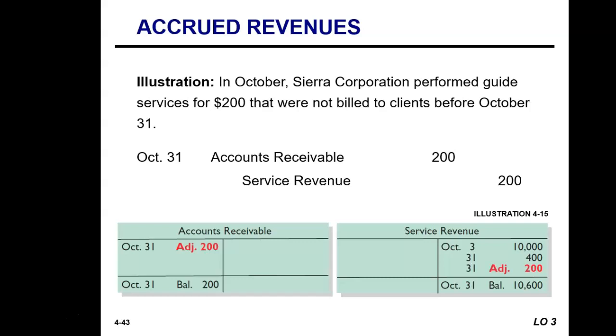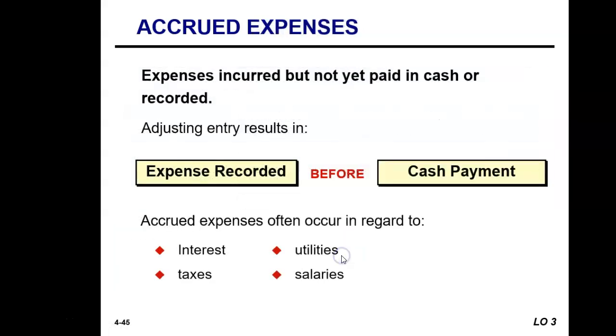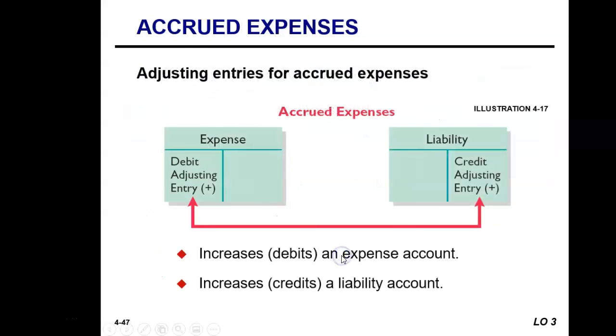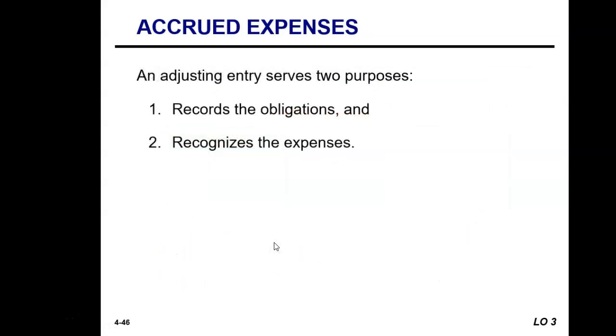Notice that because the revenue was earned in the month of October, it had to be recognized in the month of October as well. So here we have the journal entry in order to recognize and record the revenue that was earned in the month of October.